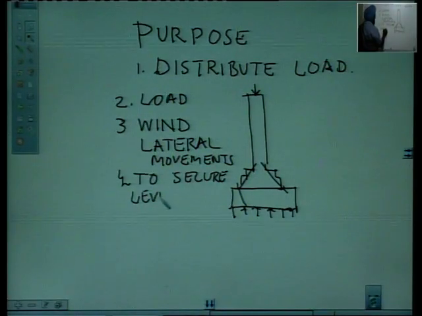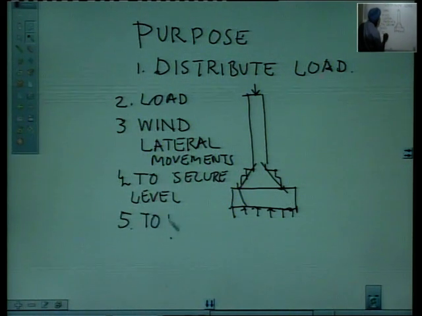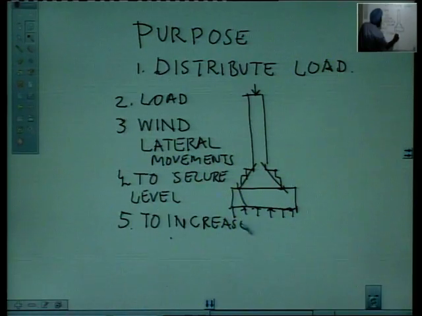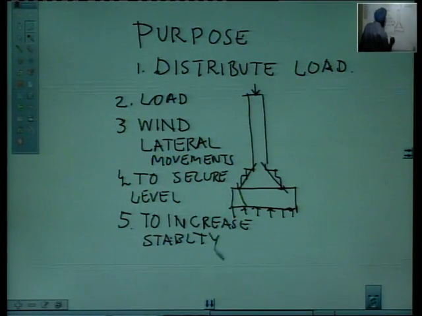It should not be an irregular surface, a plane surface, hard surface on which foundation should be resting. To increase the stability of structure.